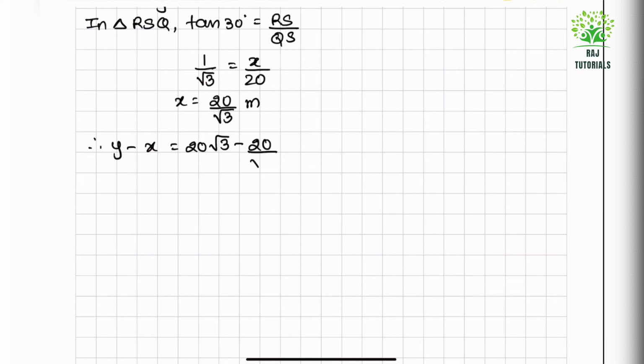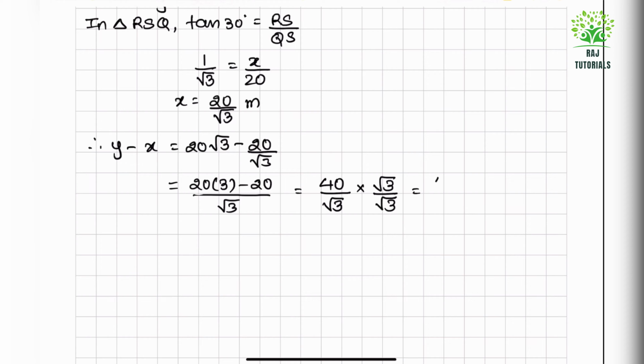Now therefore y minus x equal to 20 root 3 minus 20 upon root 3. So this, rationalizing, I will get root 3 into 3 minus 20.